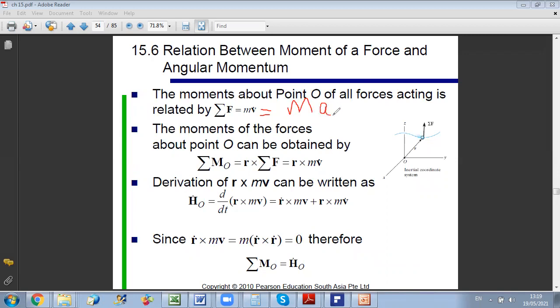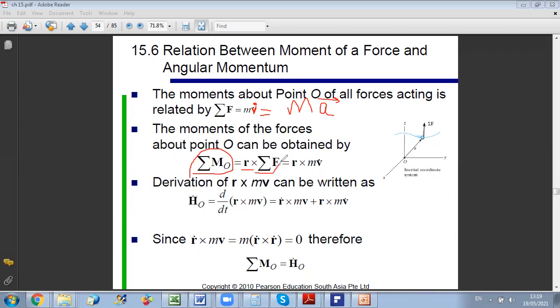And we know that the a vector is dv by dt, v dot, when it's a bold letter and it's a vector. And by definition, the sum of moments about O is r vectorial the sum of forces.